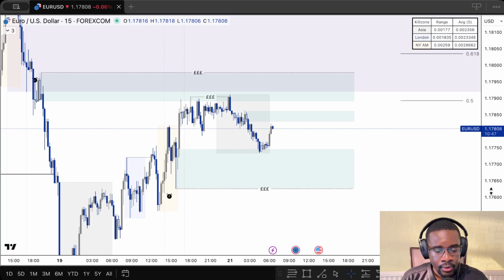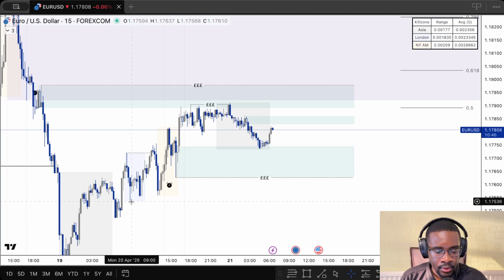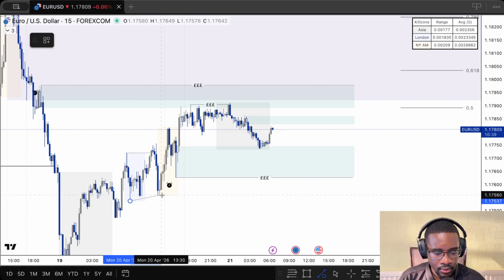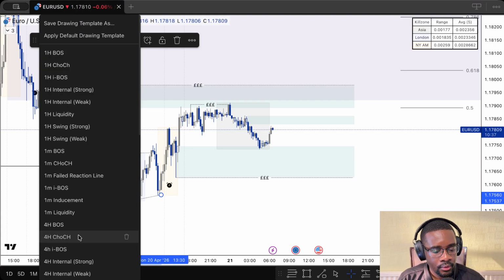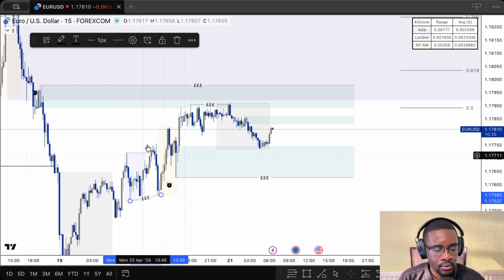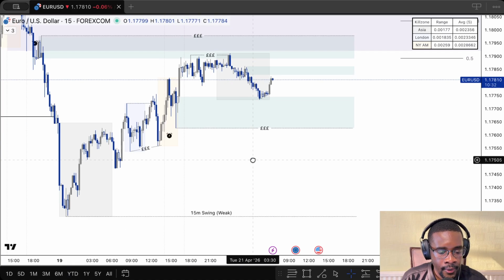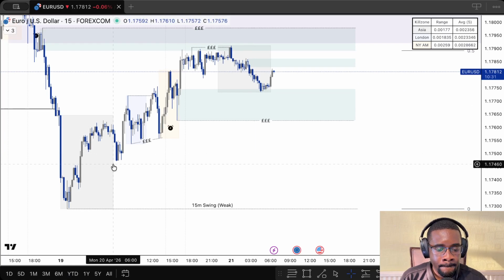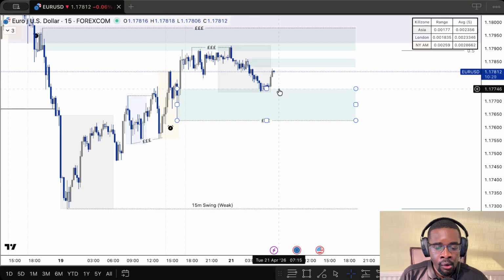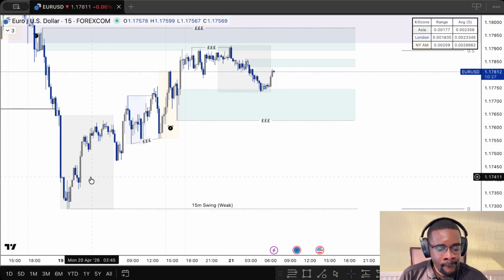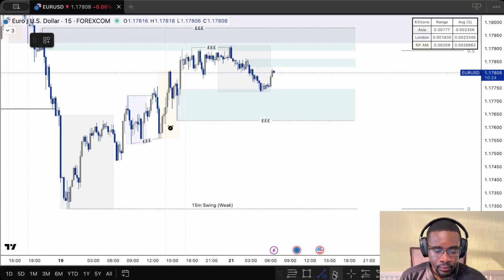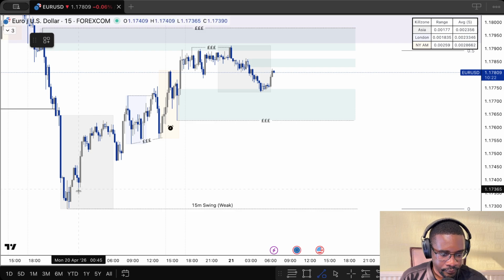Okay, now you look at this and I see that's liquidity resting down there. Is there another one?